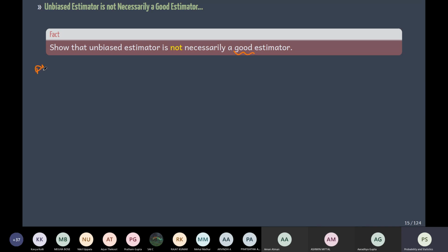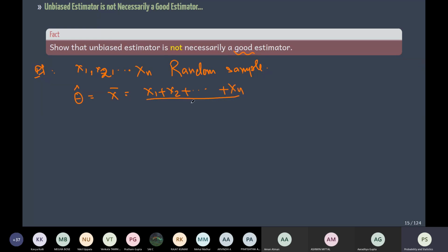So let us do this proof. Let x1, x2, to xn be a random sample. The sample mean we can define as theta hat, which is x bar, equal to x1 plus x2 plus up to xn divided by n.